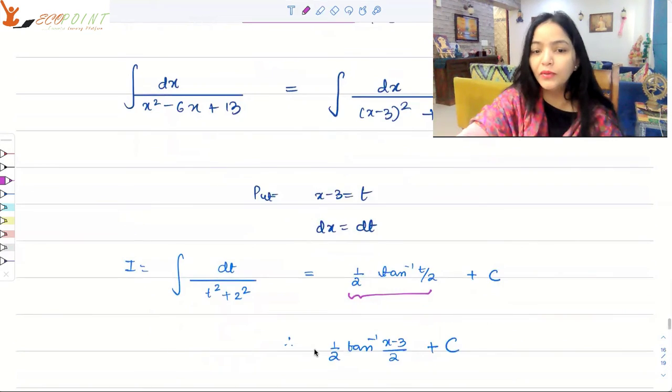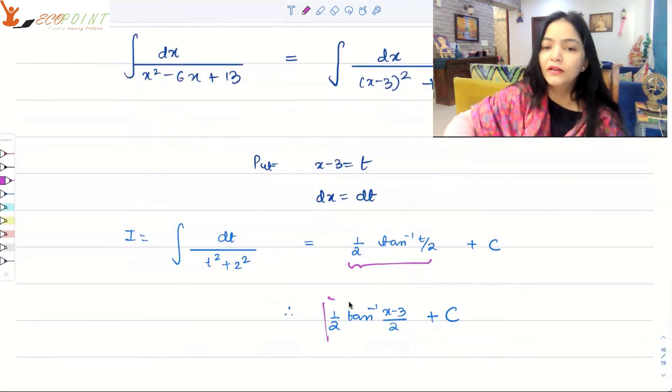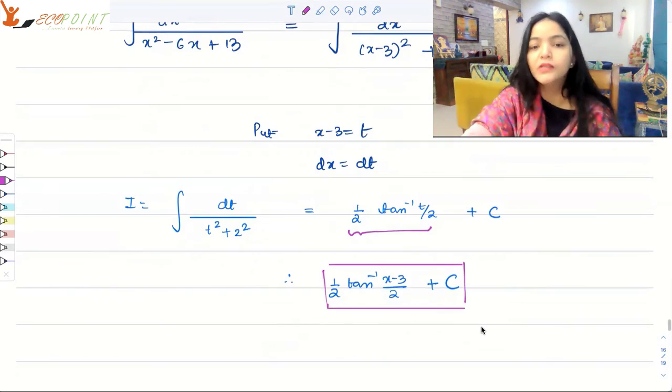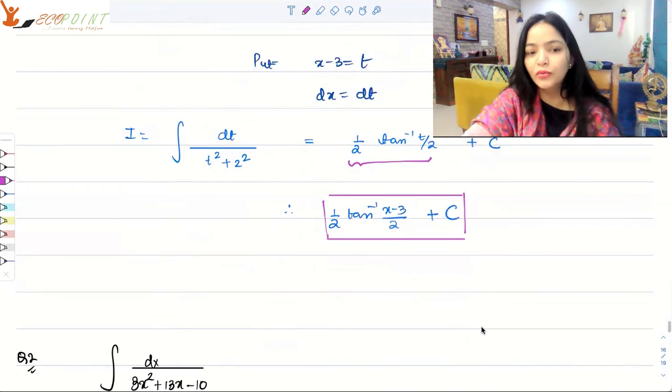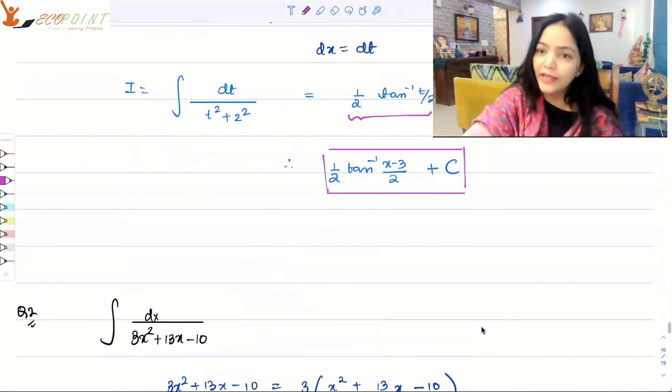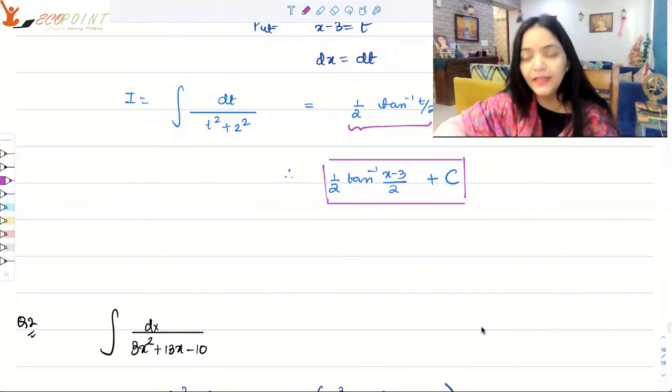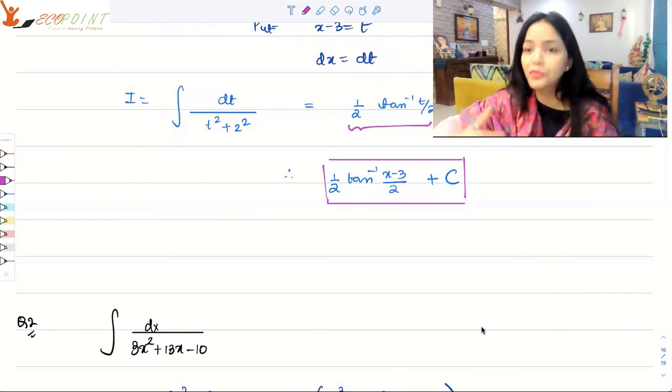You have an answer in terms of t, so get the answer in terms of x. So half tan inverse of x minus 3 upon 2 plus c. Okay, so that's how you use it. Whenever you have ax square plus bx plus c, this is how you should proceed.